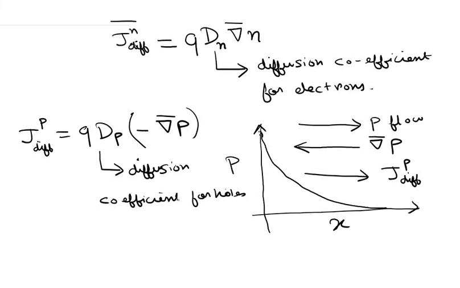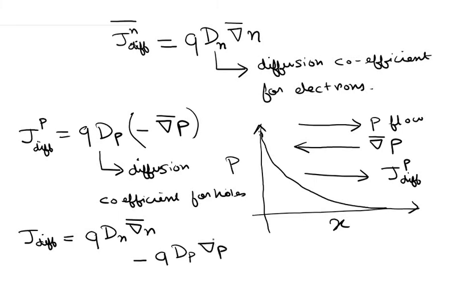If the diffusion coefficient is large, this means that the carriers can diffuse at a faster rate, or can flow towards the point of low concentration at a faster rate. So the total diffusion current density J diff is basically q times Dn grad of n minus q Dp times grad of p.